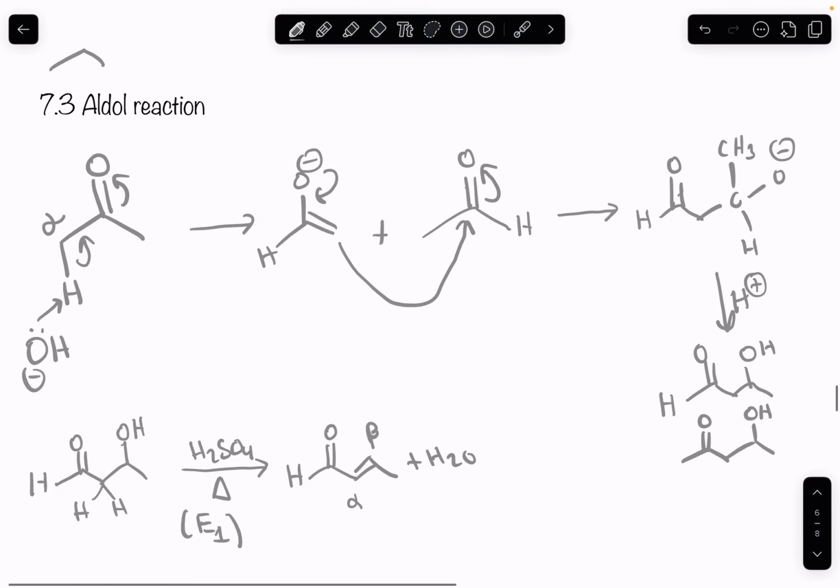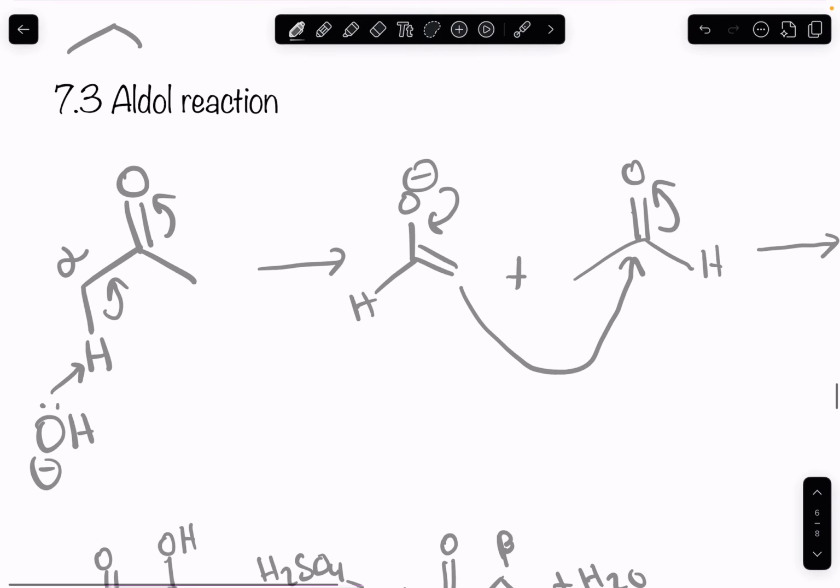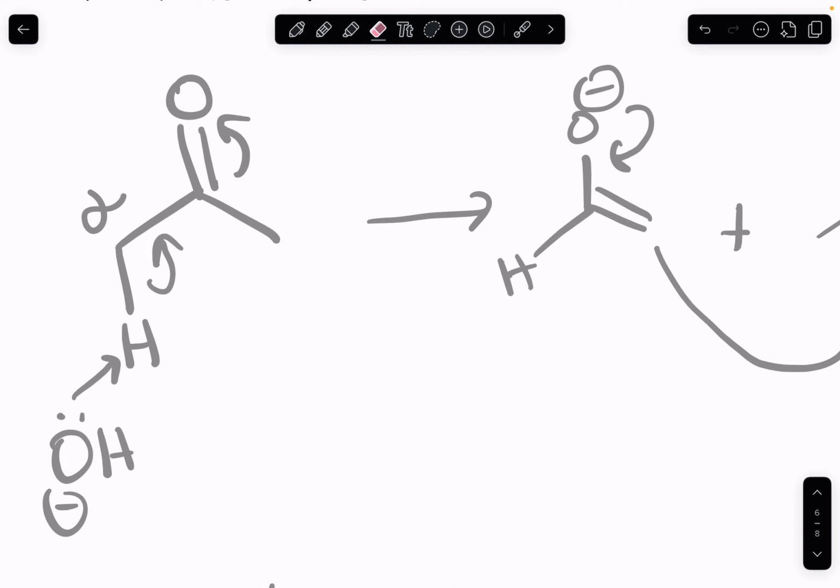As we walk through the mechanism, the first thing you need to know, hopefully everyone knows it by now, is that one carbon away is the alpha carbon, okay? So this carbon has two alpha carbons, and the significance of alpha carbons is the hydrogens coming off of those are really reactive.